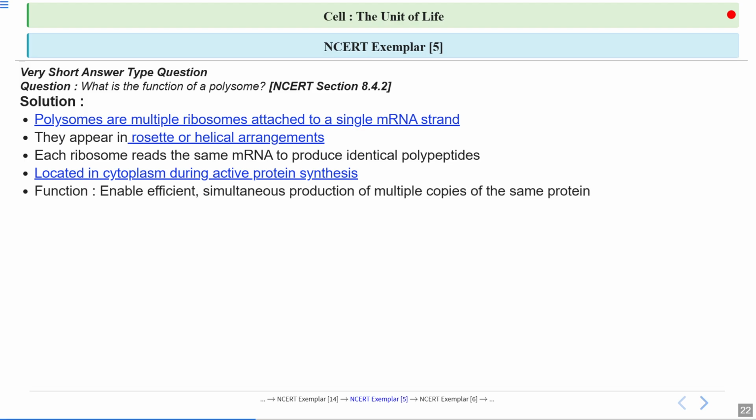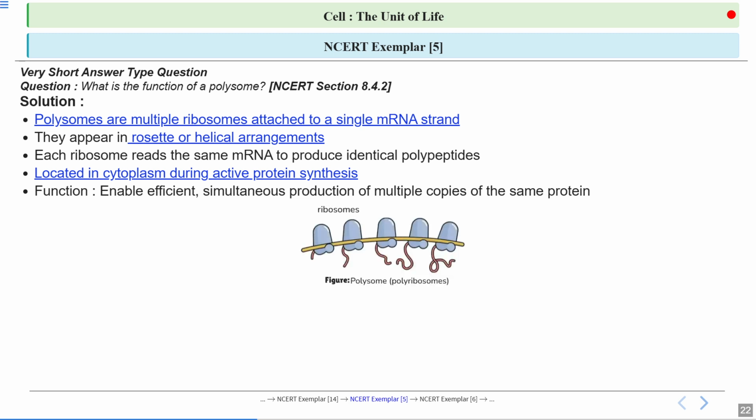The function is to enable efficient, simultaneous production of multiple copies of the same protein. Here you can see the yellow string structure, which represents the mRNA, and the gray structures are the ribosomes: ribosome 1, 2, 3, 4, 5. It starts here. The small red string-like structure is the polypeptide.